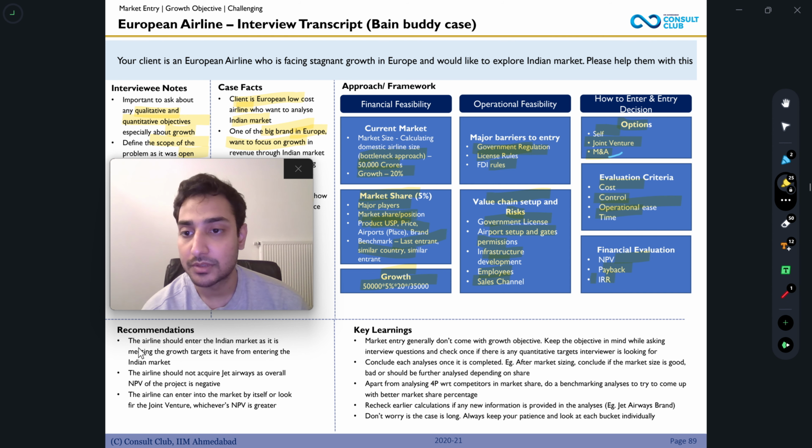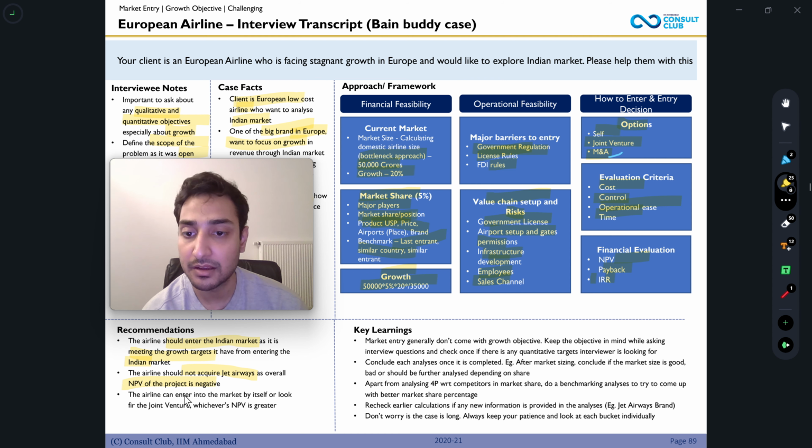Yeah. So the recommendations given by the candidate were the airline should enter the Indian market as it is meeting its growth target, which is 1.5%, between 1 and 2%. The airline should not acquire Jet Airways as the overall net present value of the project is negative.